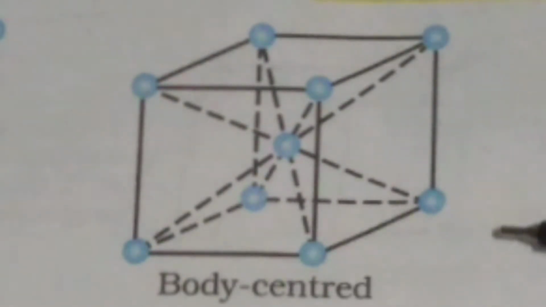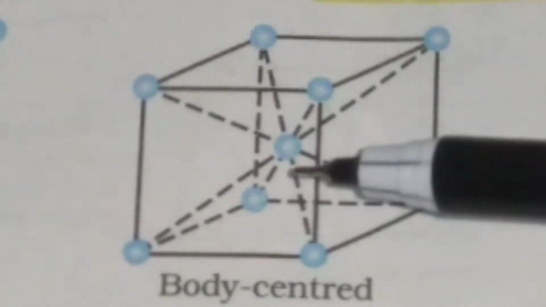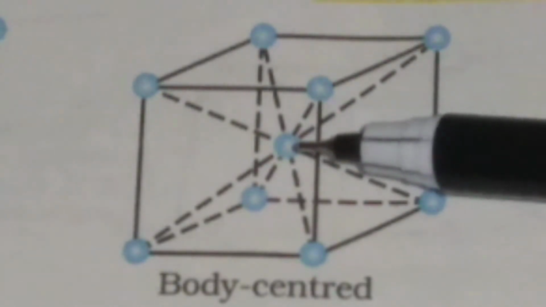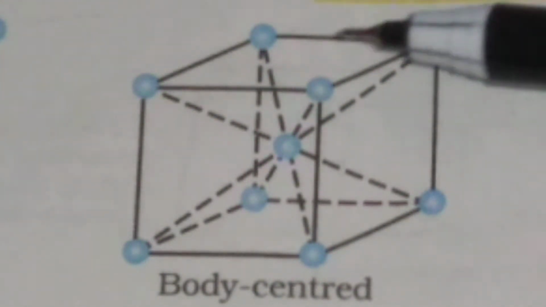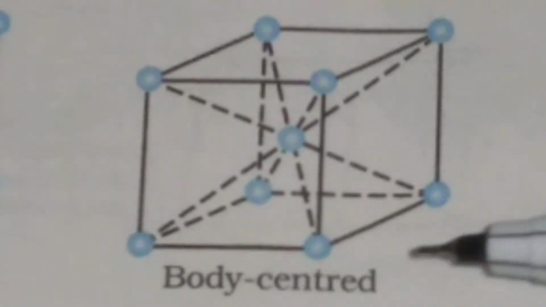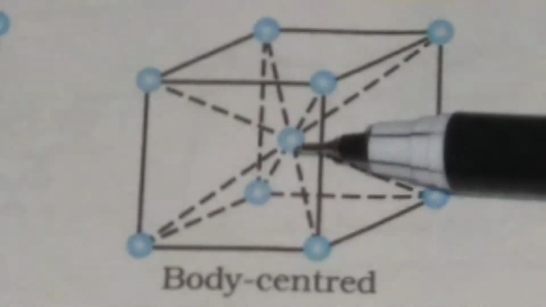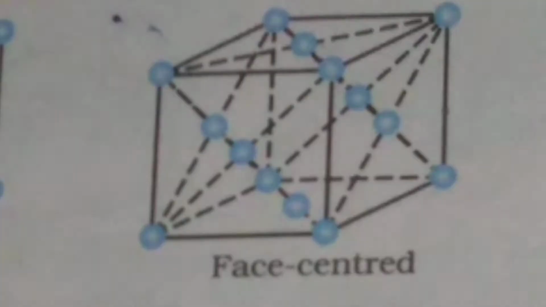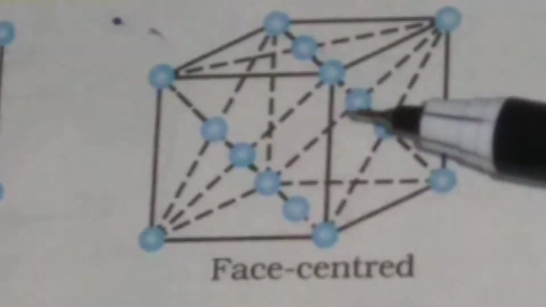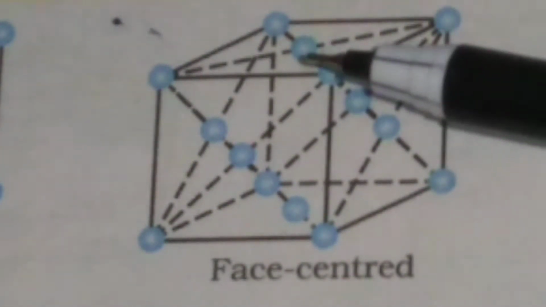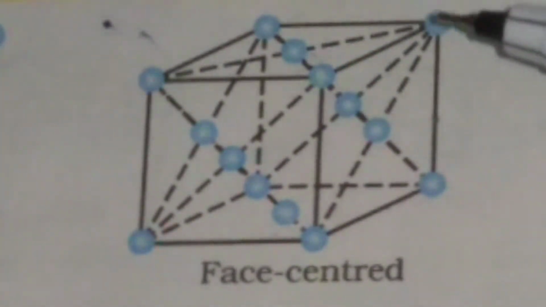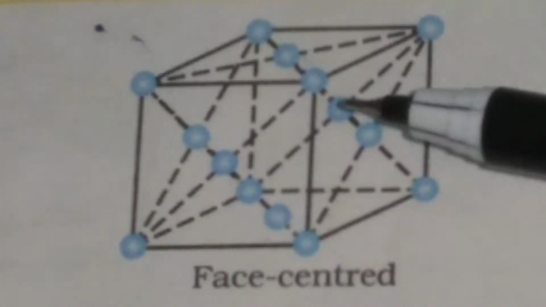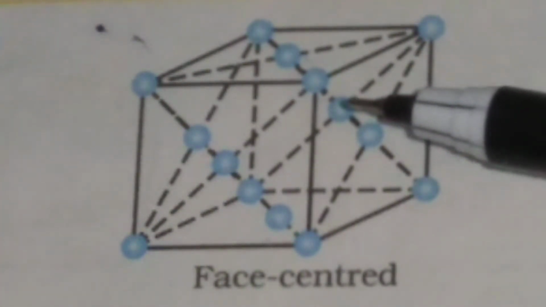You see, in the body centered unit cell, 8 atoms are present at the 8 corners of the unit cell, and one atom is present at the body center. In a face centered unit cell, you see there are 6 faces, and this is one face, and at the center of the face you have one atom.